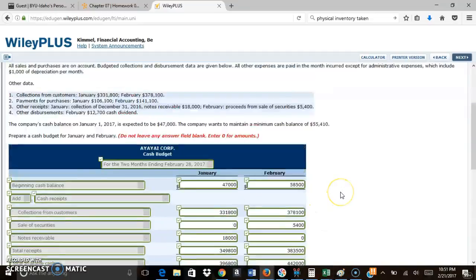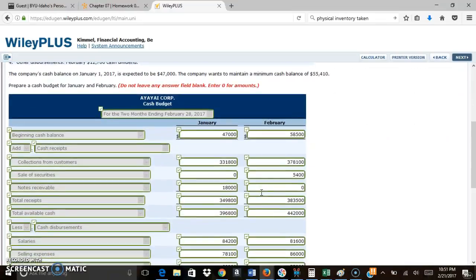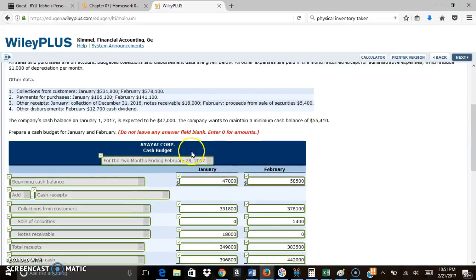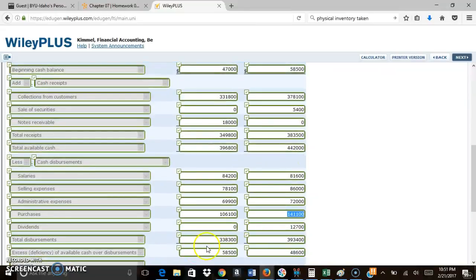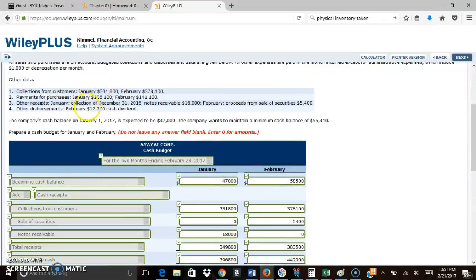So administrative expenses was 73,000, but then we need to take out the $1,000 of depreciation, so it'll be 72,000. Down here we put 72,000. And purchases were 141,100, which were way up here. And put that in. And then dividends, which were 12,700 for a cash dividend in February.